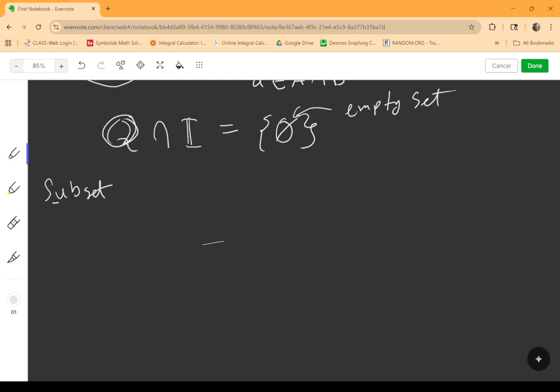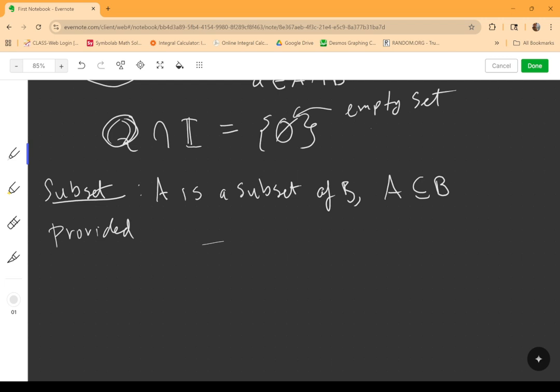So the definition of a subset, I'm saying here, so we say A is a subset of B, and usually written like this, provided for all a element of A, then a is an element of B.